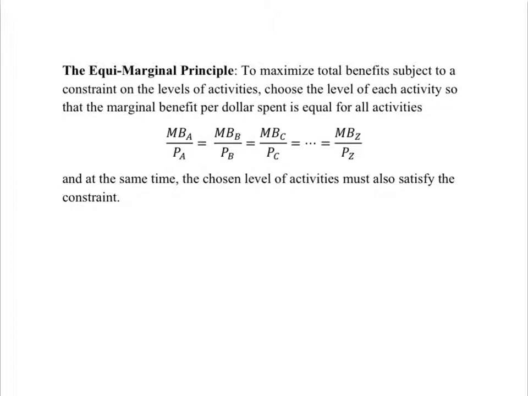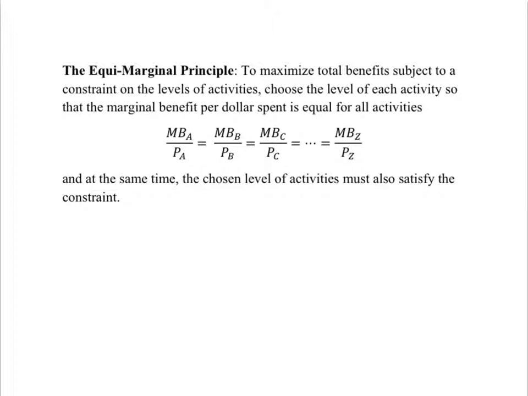To maximize total benefits subject to a constraint on the levels of activities, we're going to choose the level of activity so that the marginal benefit per dollar spent is equal for all activities. And so if there are, say, A through Z decision variables, then we would want the marginal benefit per dollar spent for activity A to equal the marginal utility per dollar spent for activity B, C, and so on.